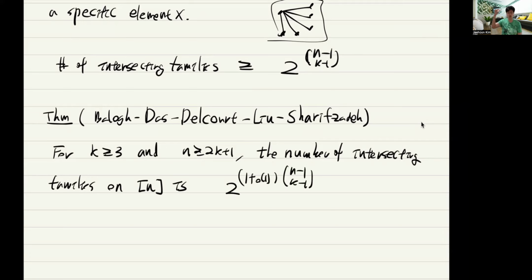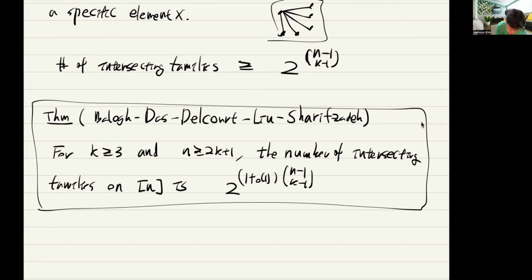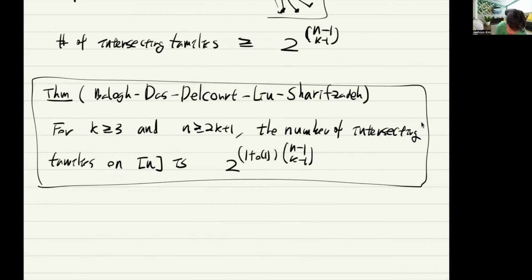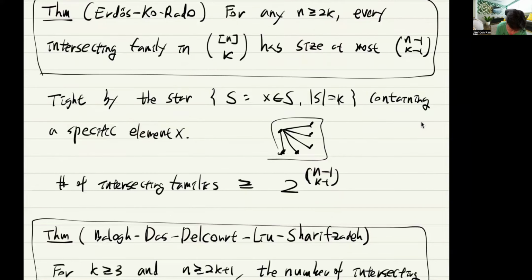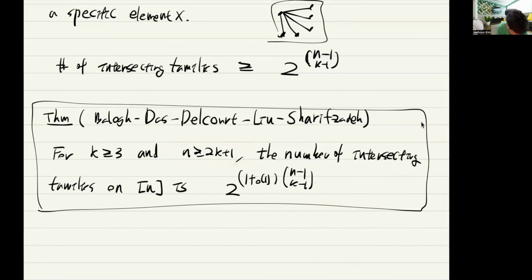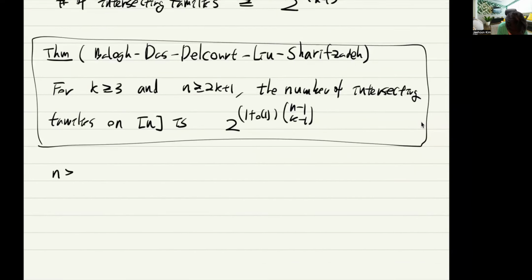So at least the exponent is asymptotically tight. And one noticeable thing is that here n is at least 2k, and here n is at least 2k+1. So this gap in the bound is necessary.